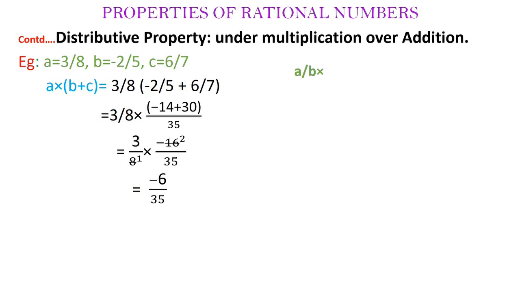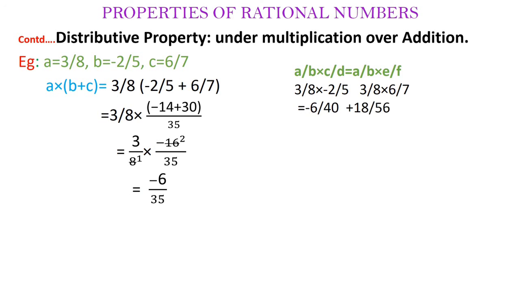Let's follow the remaining formula. a/b into c/d plus a/b into e/f is equal to 3/8 into minus 2/5 plus 3/8 into 6/7, which is minus 6/40 plus 18/56. LCM of the denominators 40 and 56 is 280.